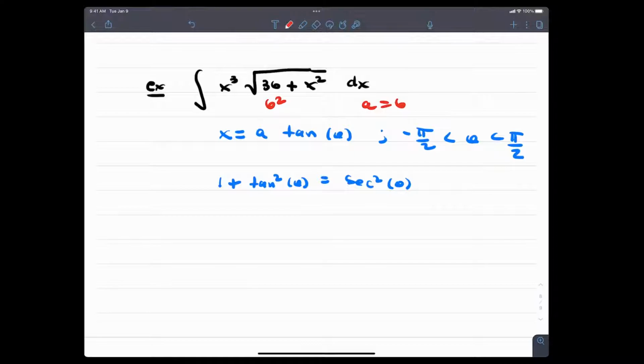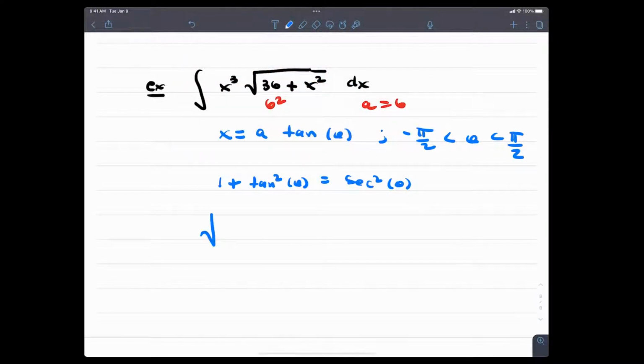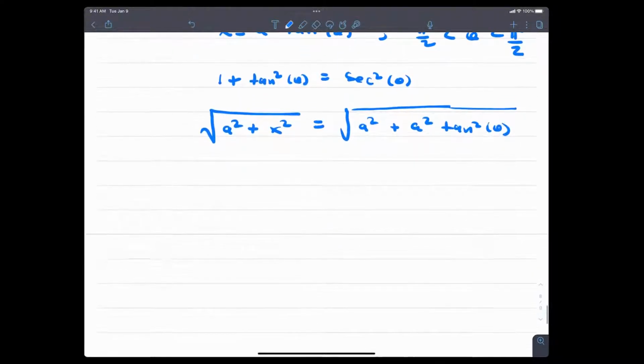Now maybe I'm going to do this before we do anything. You see that radical of a squared plus x squared? I'm going to do the general case again. I'm going to plug in for x a tangent theta. So that gives me a squared tangent squared theta. Okay, I'm going to see what this radical becomes.